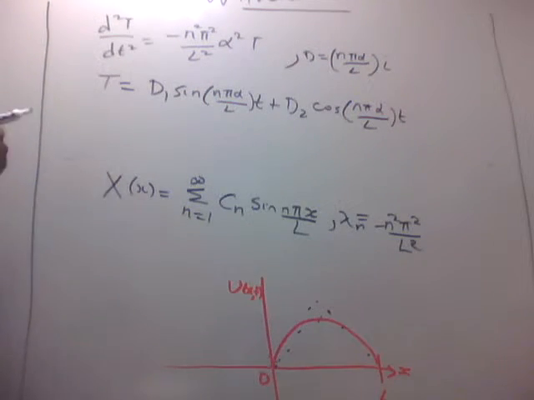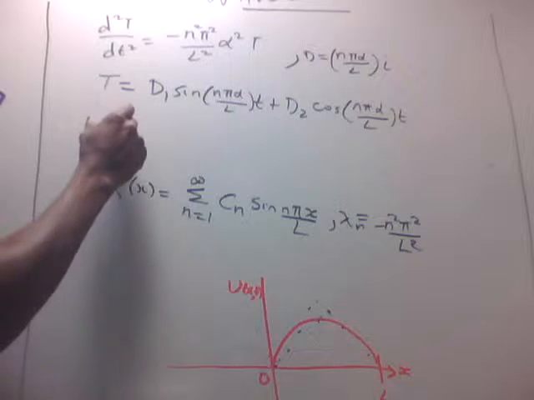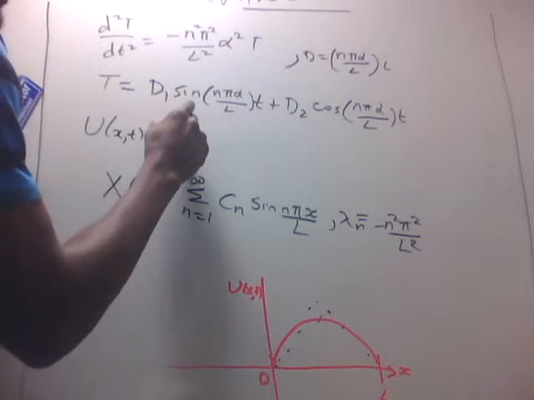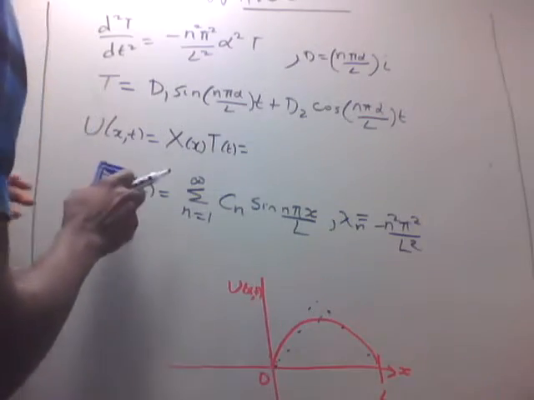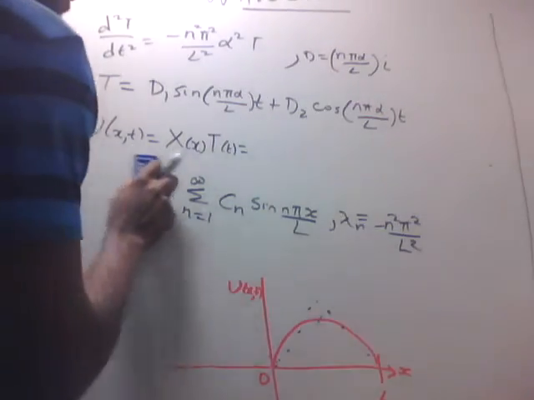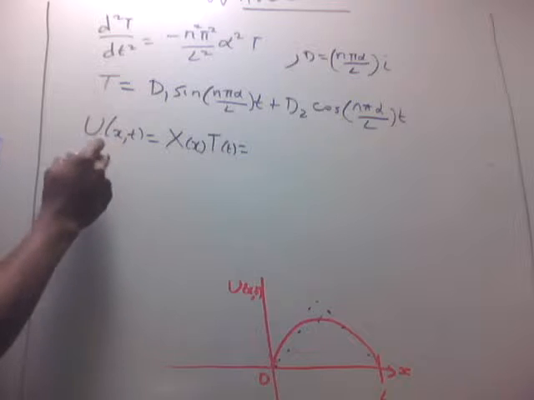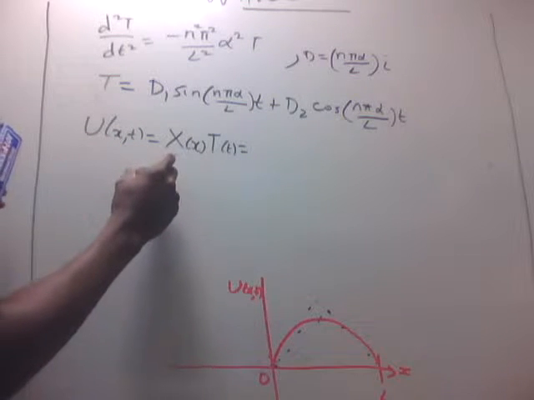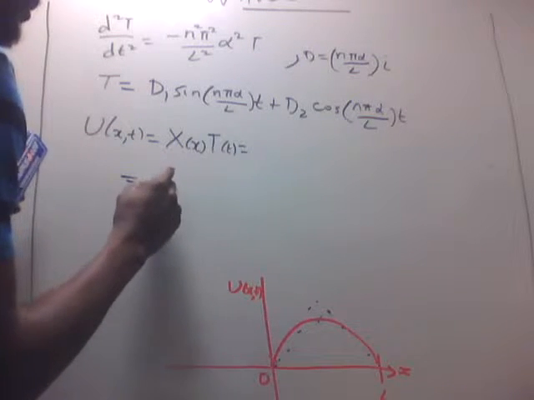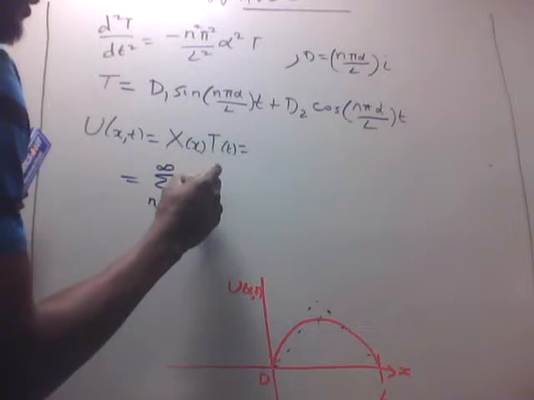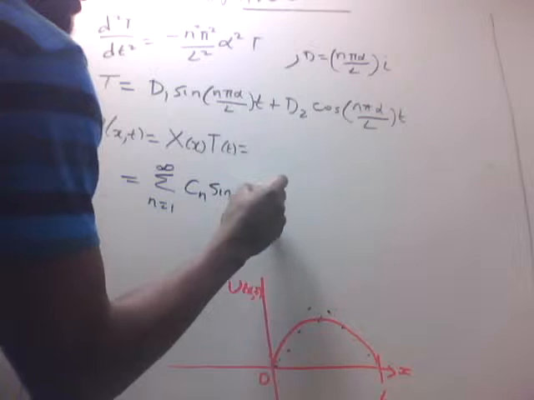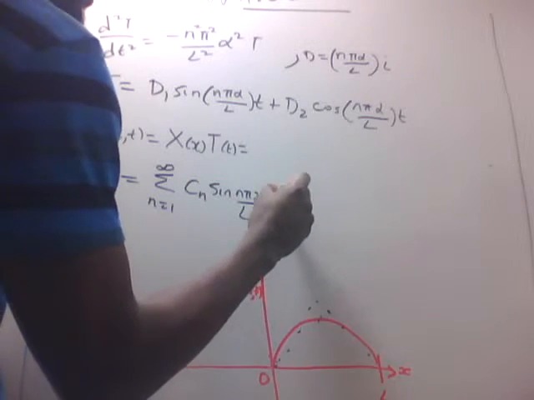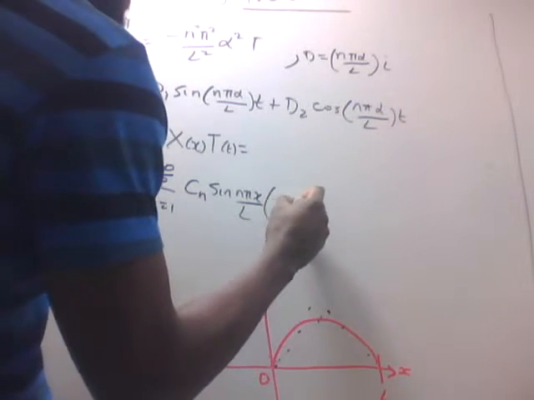Okay. Now we can write our full function u(x,t) as X times T. And that is just the summation from n equals 1 of cn sine n pi x over L times this.